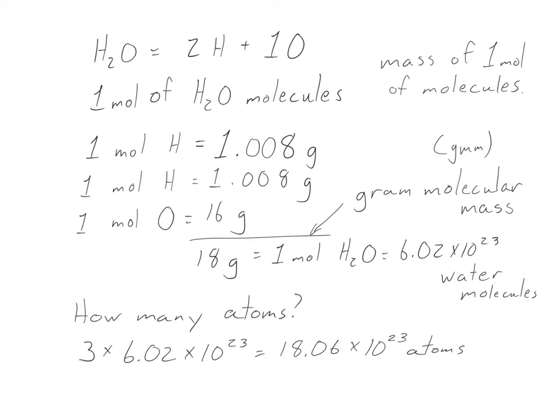and then let's see what we're going to do for ionic things. Fairly similar. Let's look at 1 mole of salt, or sodium chloride. So if I have a mole of sodium chloride and I break that apart, that means I'm going to have 1 mole of Na and 1 mole of Cl.